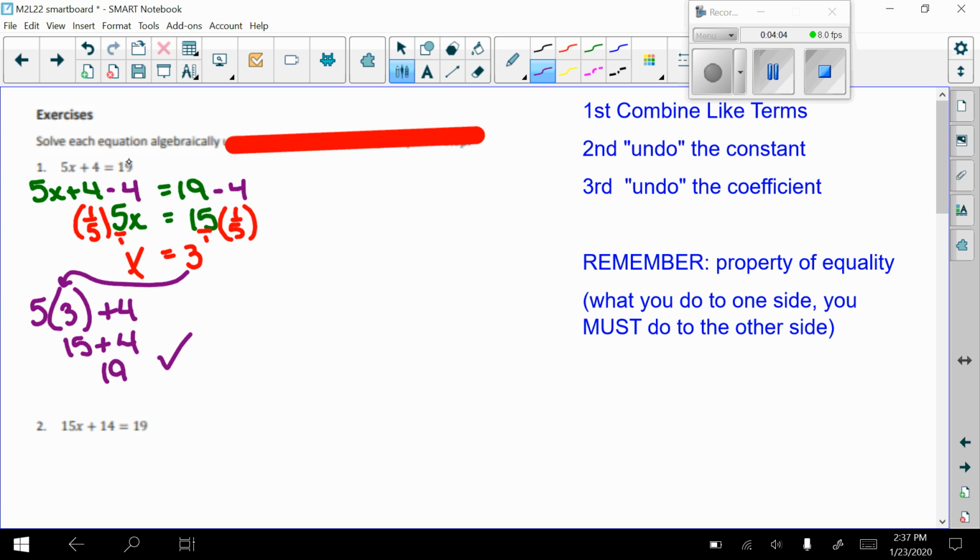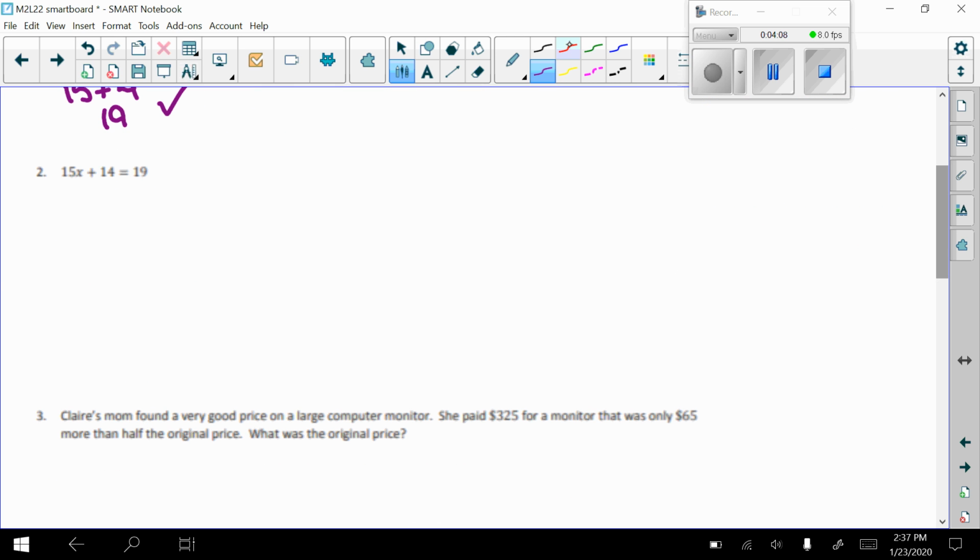All right. Let's try problem number 2 together. Are there any like terms on the left that can be combined or distributed? Can the distributive property be used? Nope. Nothing on the right that can be done. So then I undo my constant, which is 14. So 15x plus 14, remove the 14.